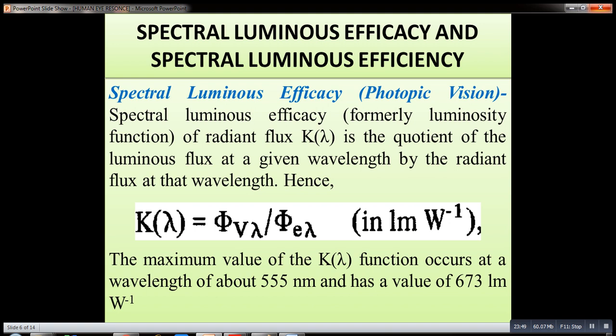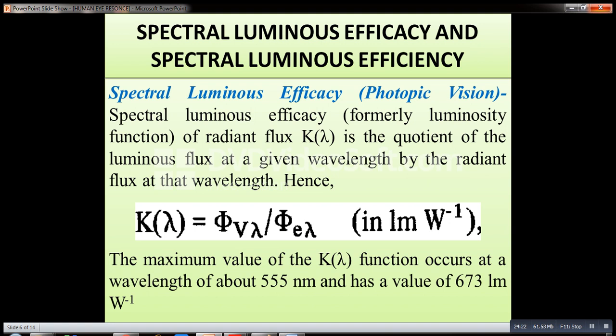This is a standardized function which represents the response of the typical eye under bright conditions, photopic vision.